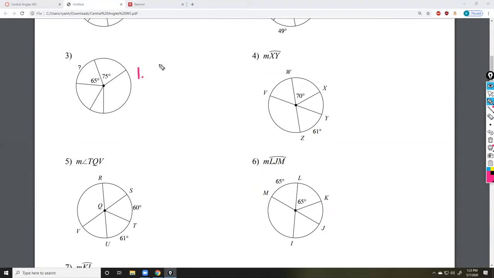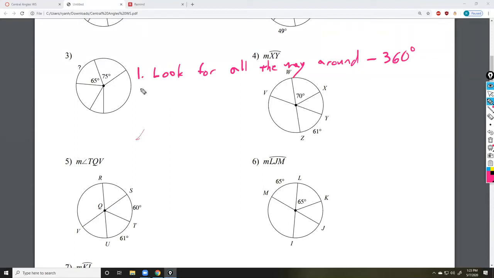Number 1 is to look for going all the way around the circle, because we know that all the way around a circle is going to be 360 degrees.